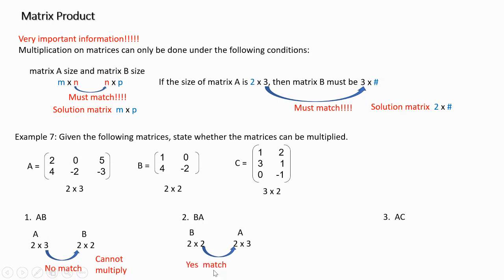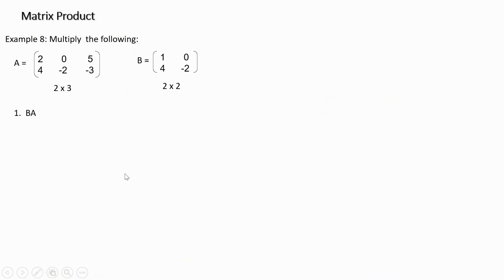This is a match, so yes, it can be done, and the answer will be a 2 by 3 matrix. Let's see if we can multiply A times C. A is 2 by 3, and C is 3 by 2. Again, the inner numbers match, so yes, we can do the operation, and the answer will be a 2 by 2. So let's do them then. These were the ones that could be done.